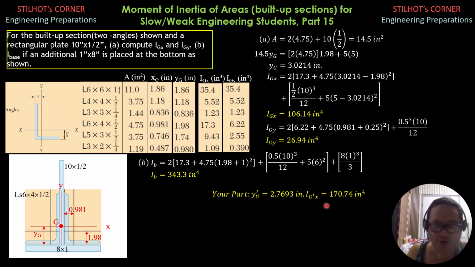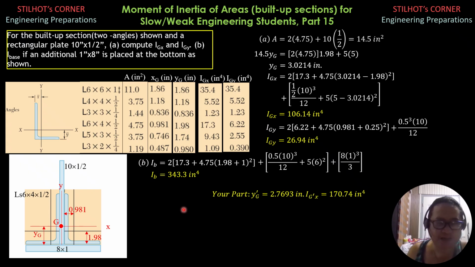And show that this centroidal moment of inertia plus the area of the entire section, including this 8 area, originally 14.5 plus 8, so 22.5 times YG prime square, which is 2.7693 square, would be equal to this 343.3 square inches.